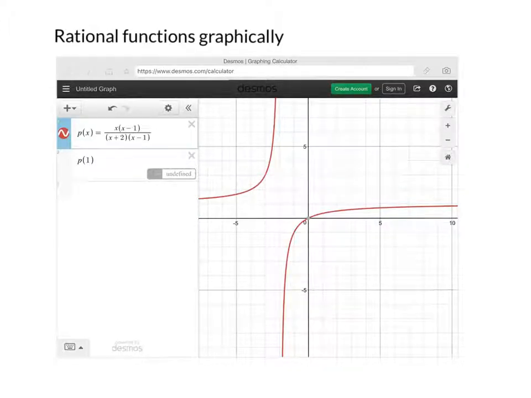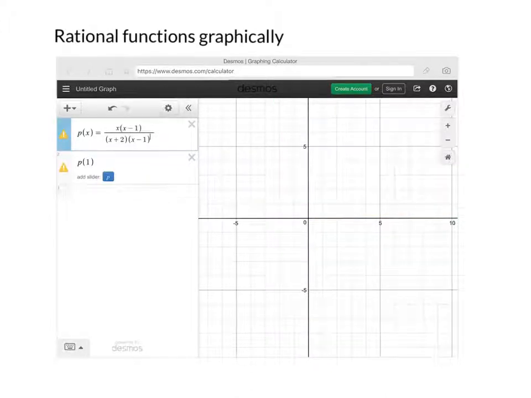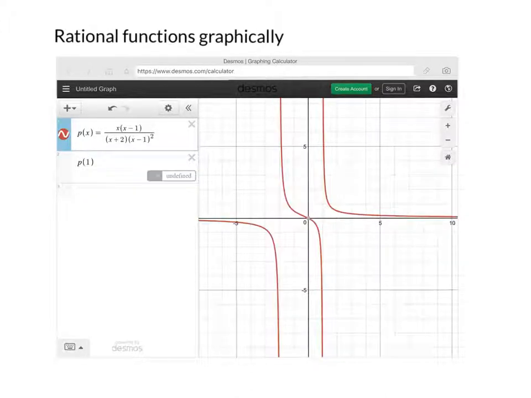But let's go ahead and do the same thing with our denominator. Let's add in another 0. So positive 1 is going to be a 0 of my denominator with multiplicity 2. And in this case, something did happen.